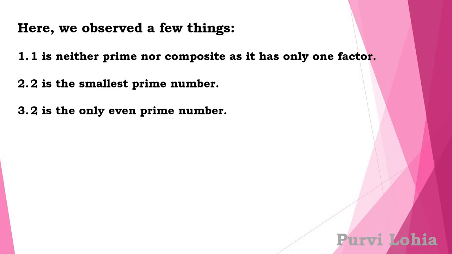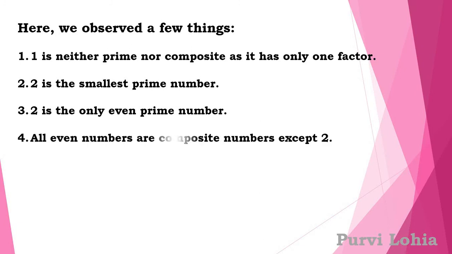So let's consider 2. 2 has only two factors, 1 and 2, right? So 2 is the only even prime number, because other than 2 all the even numbers have more than two factors. Okay, and all even numbers are composite numbers except 2. Alright.